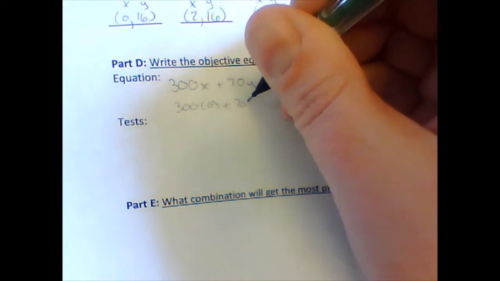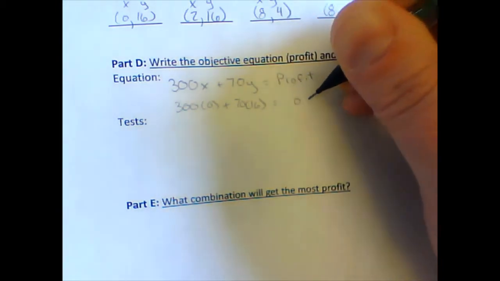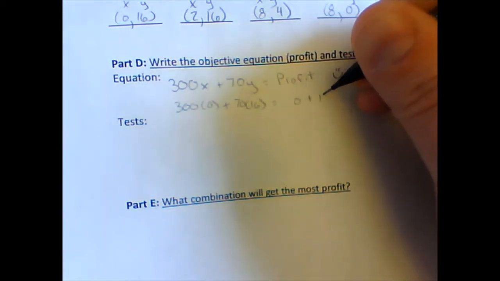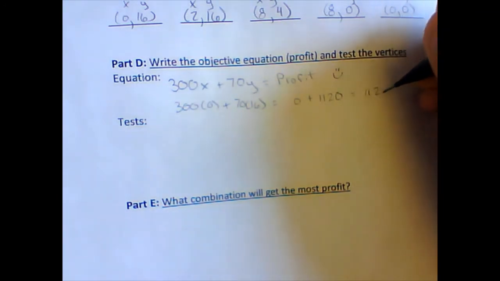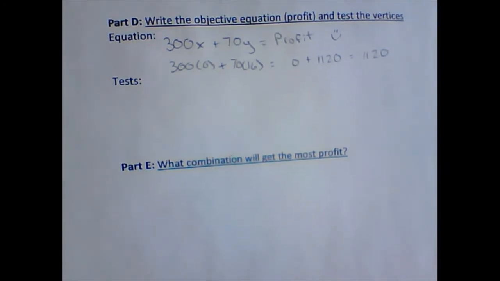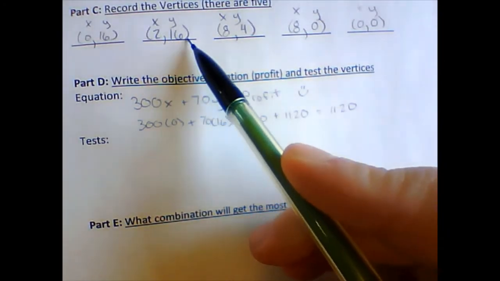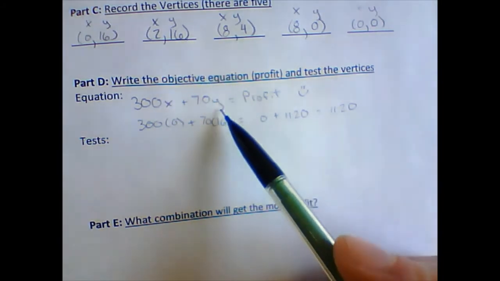We're putting 0 in for x, 16 in for y, and then we're just going to run an equation. So 0 plus 1120 gives us $1,120. That is not a bad week in business for this cake. Okay, next vertex, we're going to plug in the x and the y.